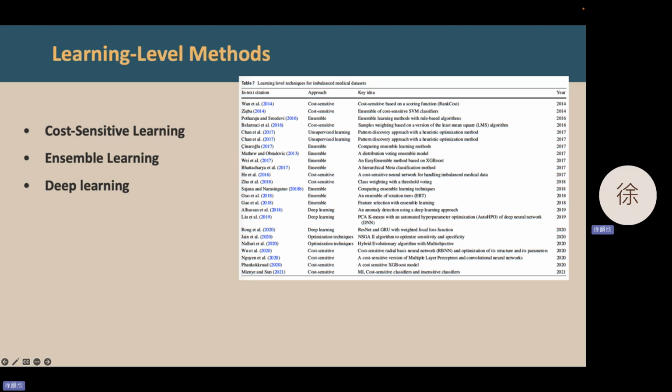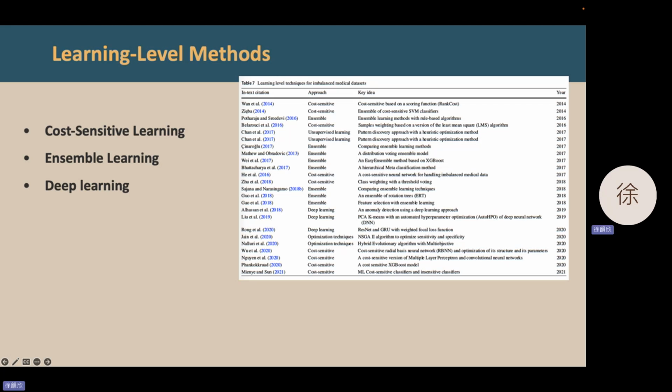And this makes the model pay more attention to the minority class during learning. And ensemble learning doesn't use just one model, but multiple models to make predictions together. These models might be trained using different methods and their results are combined to improve overall performance on imbalanced data.